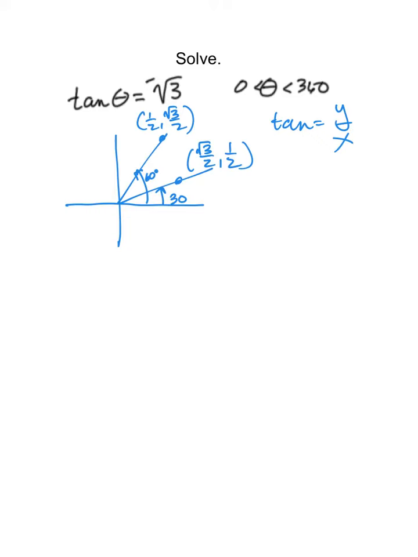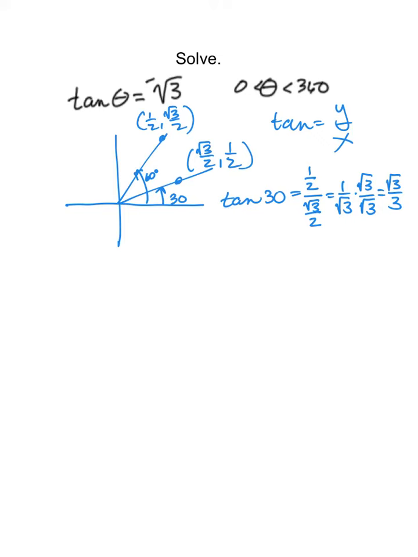So I've got to think about it a little bit. Tangent of 30 would be y over x, 1/2 over the square root of 3 over 2, which is 1 over the square root of 3. And then I'd rationalize, and that would give me the square root of 3 over 3.